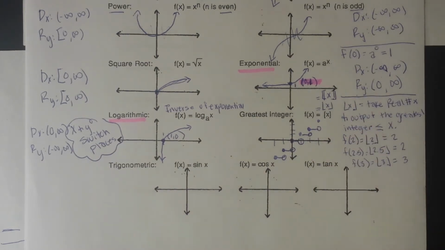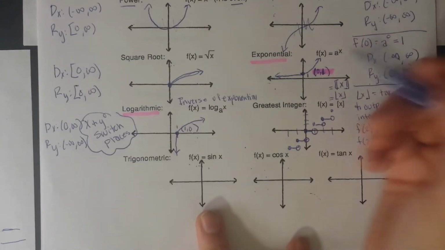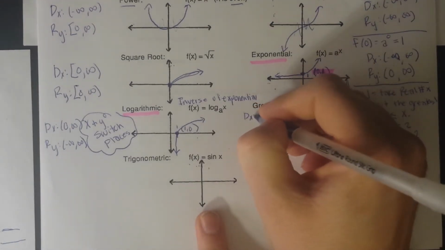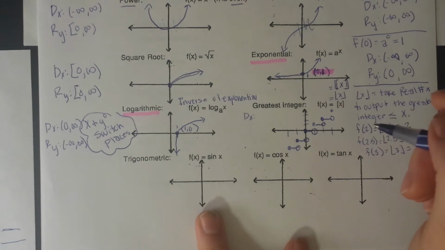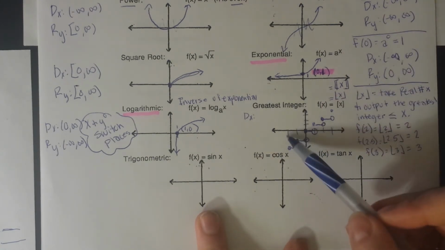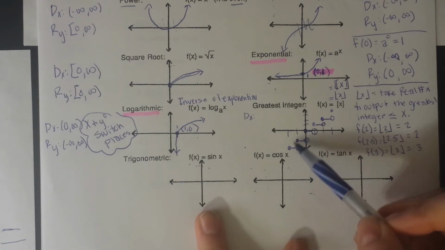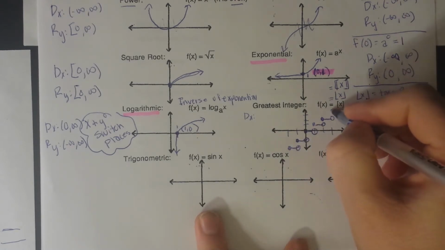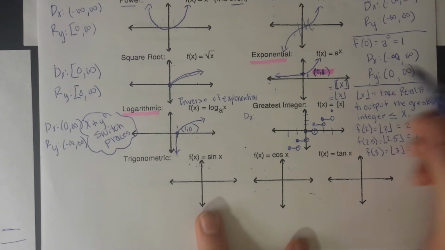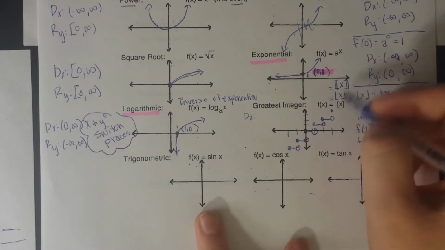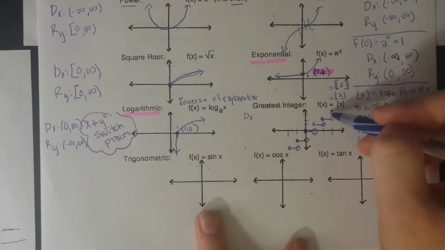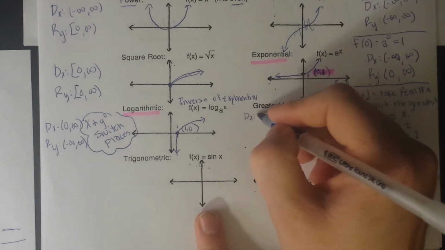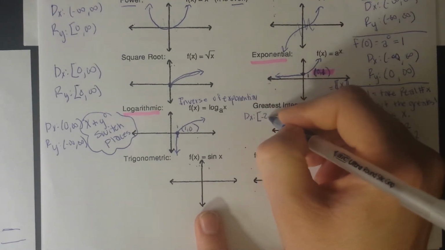I didn't leave any place to write the domain and range. Let's put it right here. The d sub x for the function I've written, it stops at -2, and there is a point actually all the way at 3. But if I didn't do that, yeah, well, -2 to 3.